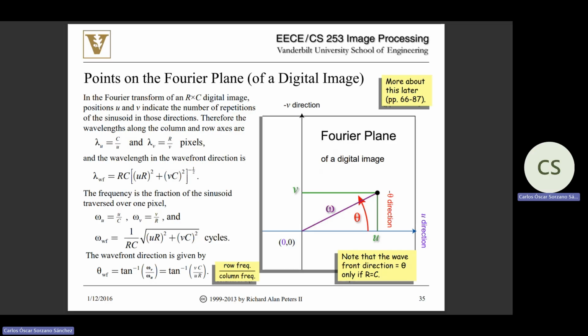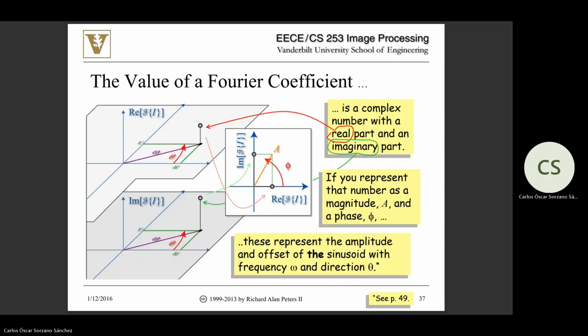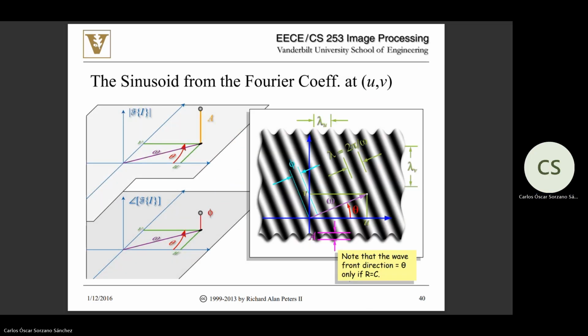So what is the meaning of all this? Let's look again at this wave that is propagating. The overall wavelength in the direction of the propagation of the wave is this one. What is the distance between two equivalent points?